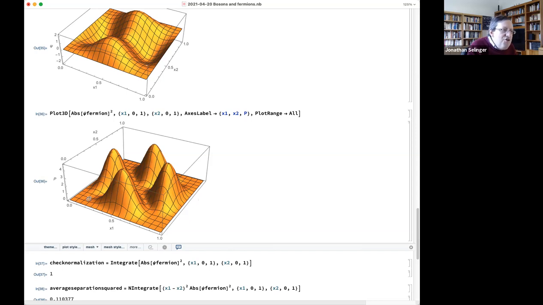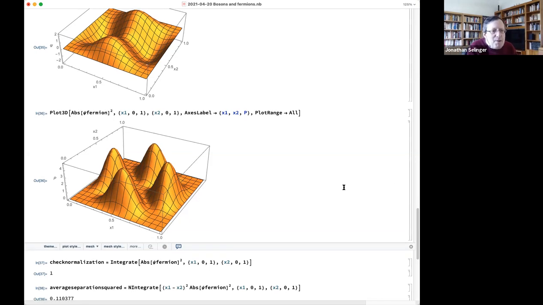But there's no probability on the 45-degree line; that is 0. So hopefully this gives you some kind of visual impression of how the probabilities change, and they actually change a lot, just based on the symmetry of the wave function.